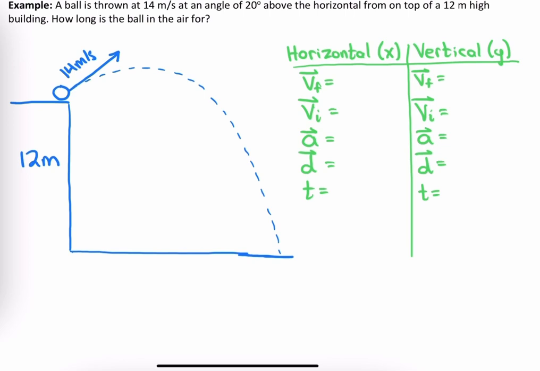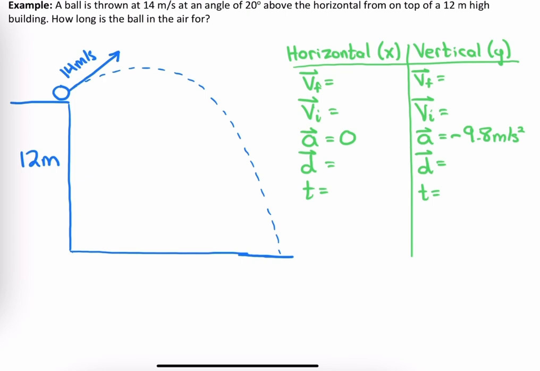So down tells me it's going to be in the vertical direction, and it's going to be negative. So we've got a negative 9.8 for my acceleration here. And because it's down and not right or left at all, the acceleration in the x direction is 0. There's no force pulling this thing left or right whatsoever. The only force is gravity, and it's going to pull it and accelerate it down.